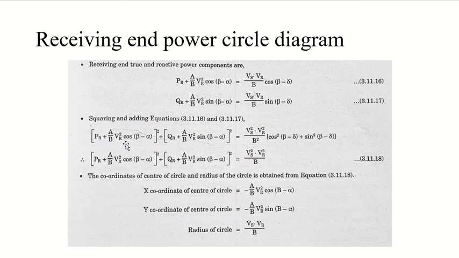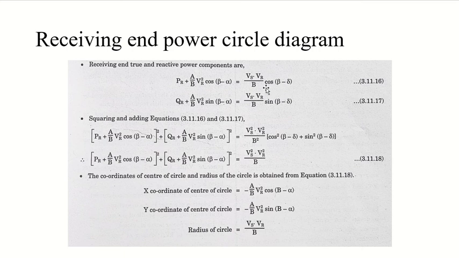On the other side, when you add both of these components, you will get VS VR by B, and again VS VR by B, so you will get VS VR by B whole square, or you can even put the square independently if you want to, because it is nothing but multiplication and division, so you can do whatever you want with the squares.